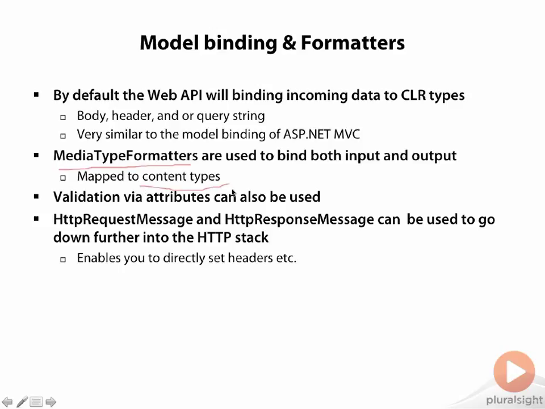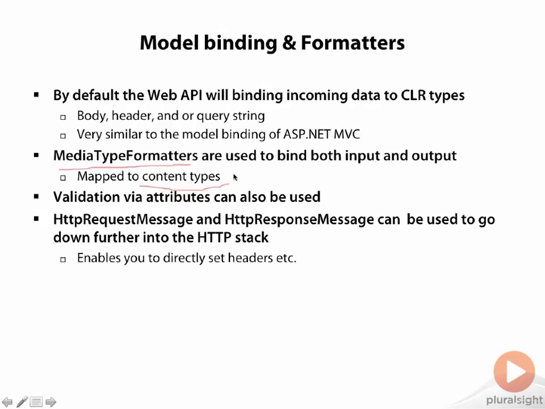The framework will look at the content type header of the post and say, oh, this is application/XML. Let's find the media type formatter that deals with application/XML. It will read in the body, and turn it into the appropriate .NET object based upon your definition. If a post comes in milliseconds later that is application/JSON, then it will find the media type formatter for that.